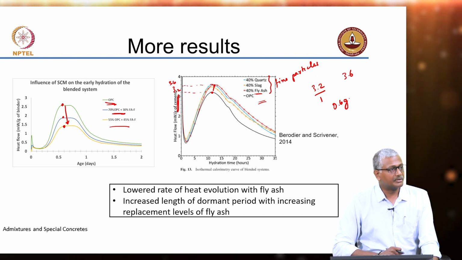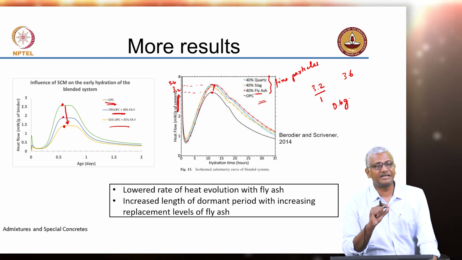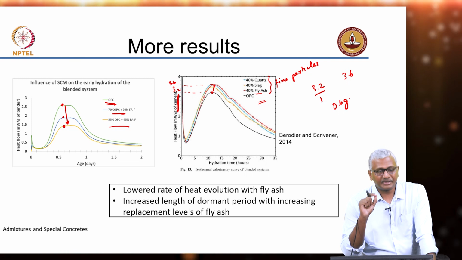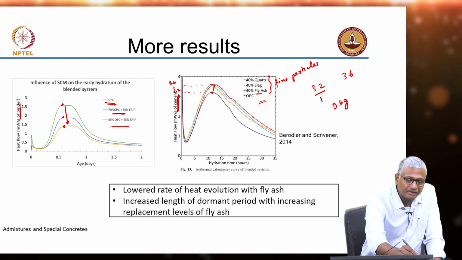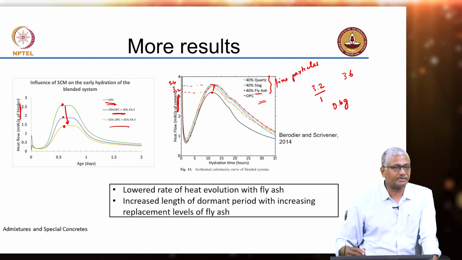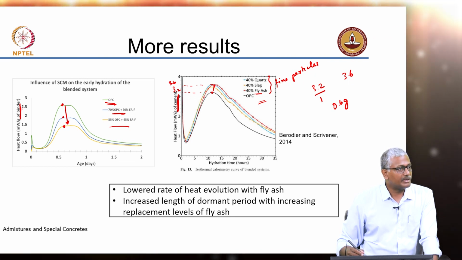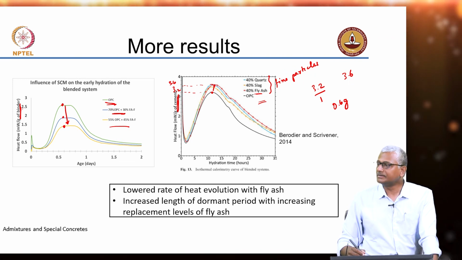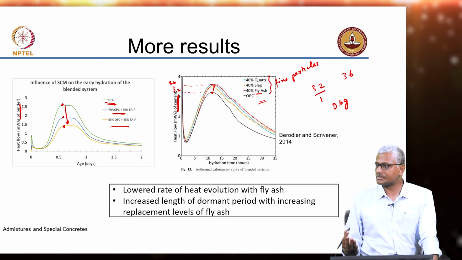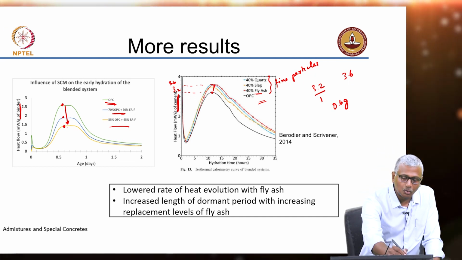Okay. So, you are representing the rate in terms of either gram of cement or gram of binder, your result can look quite different. If you present in terms of gram of binder, it also includes the fly ash in your system. That is why your peak heat rate is lower.